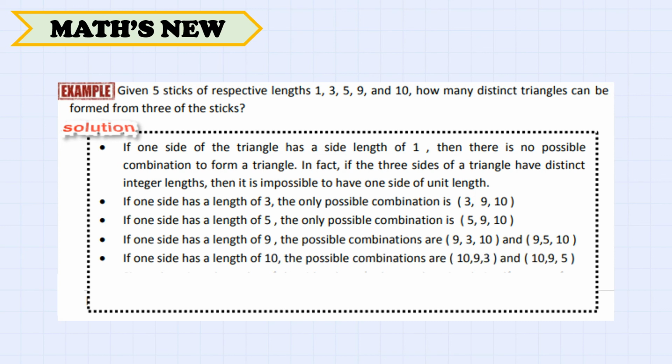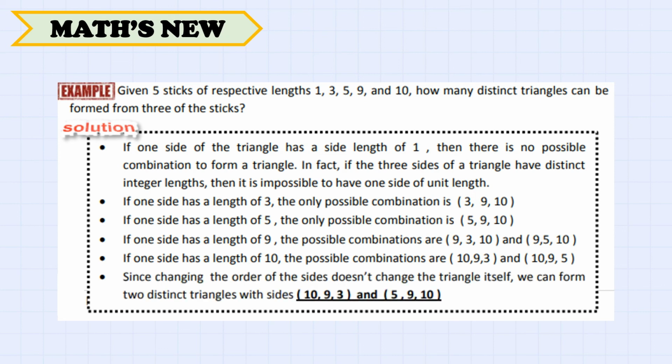If one side has a length of 10, then the possible combinations are 10, 9, and 3, and 10, 9, and 5. Since changing the order of the sides doesn't change the triangle itself, we can form 2 distinct triangles with the sides 10, 9, and 3, and 5, 9, and 10.